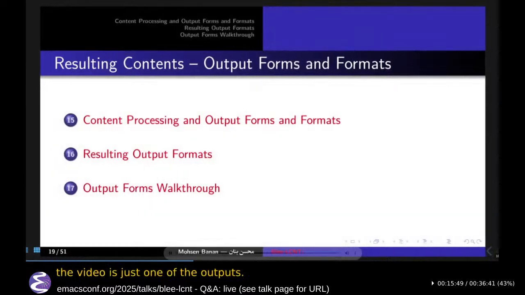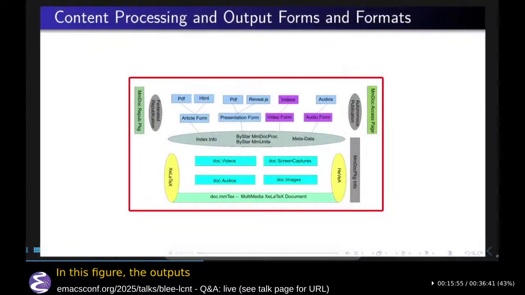The video is just one of the outputs. There are other outputs as well. In this figure, the outputs are shown in the top layer. Using this video as an example, this presentation output also includes the presentation form and the article presentation form. Let's look at these more closely.